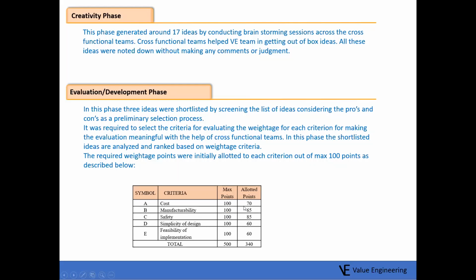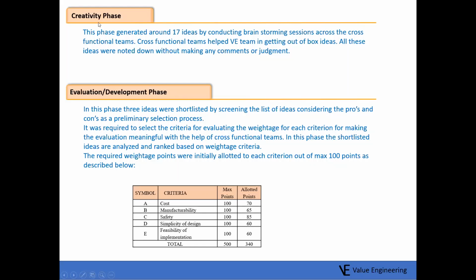Cost is 70%. Manufacturability 65%, safety 85%. If you see here, we have given more importance to safety because it is operating on a patient. So safety is of paramount importance for us, and is given the highest points.